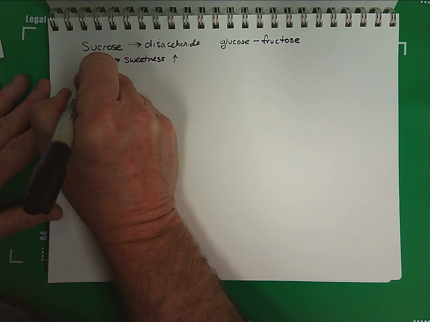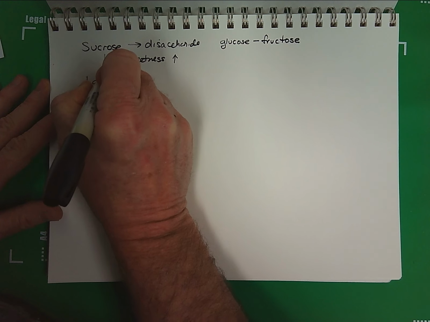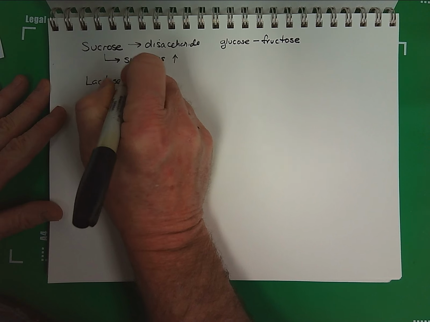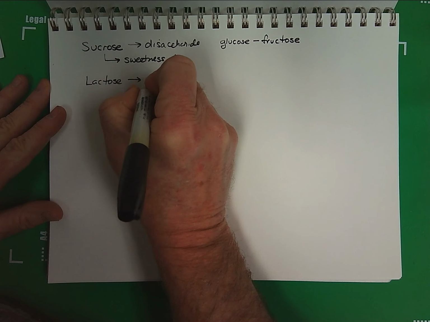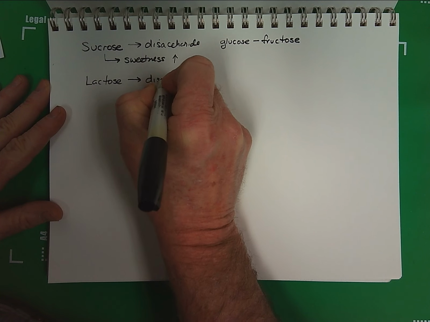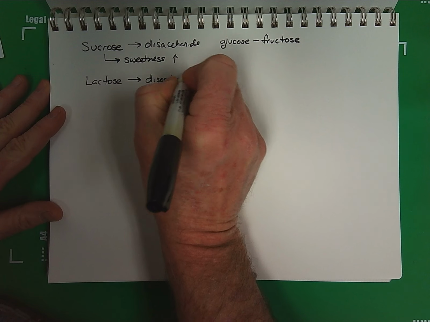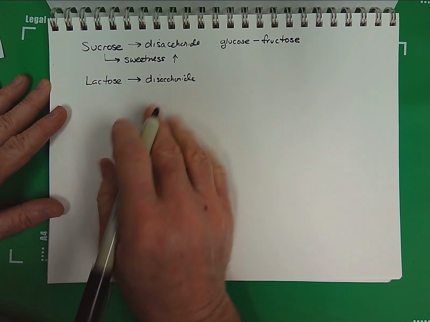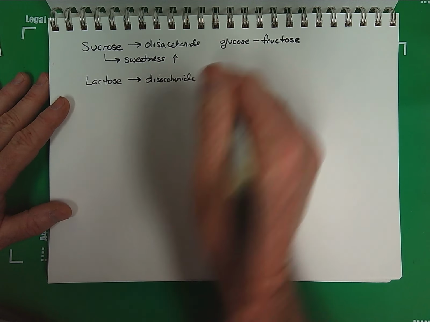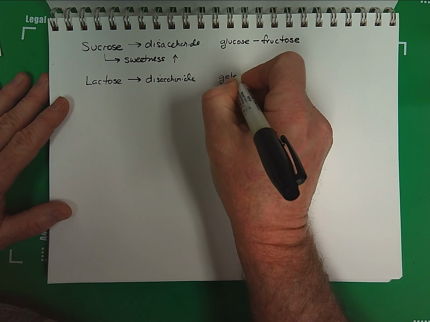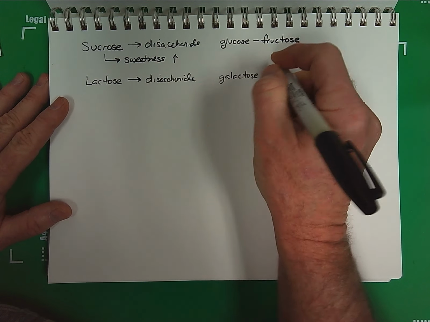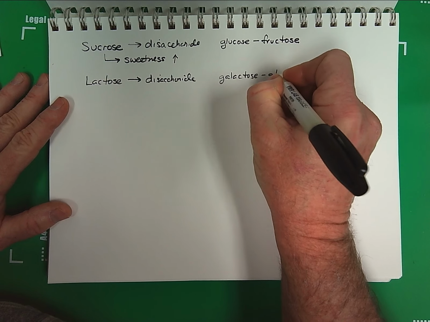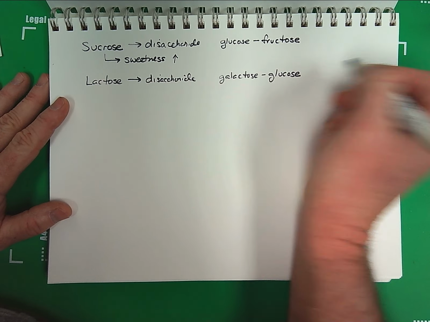Now another carbohydrate that we use is lactose. This is also a disaccharide. Two monomers linked together. The first one is galactose, and this is linked to glucose.